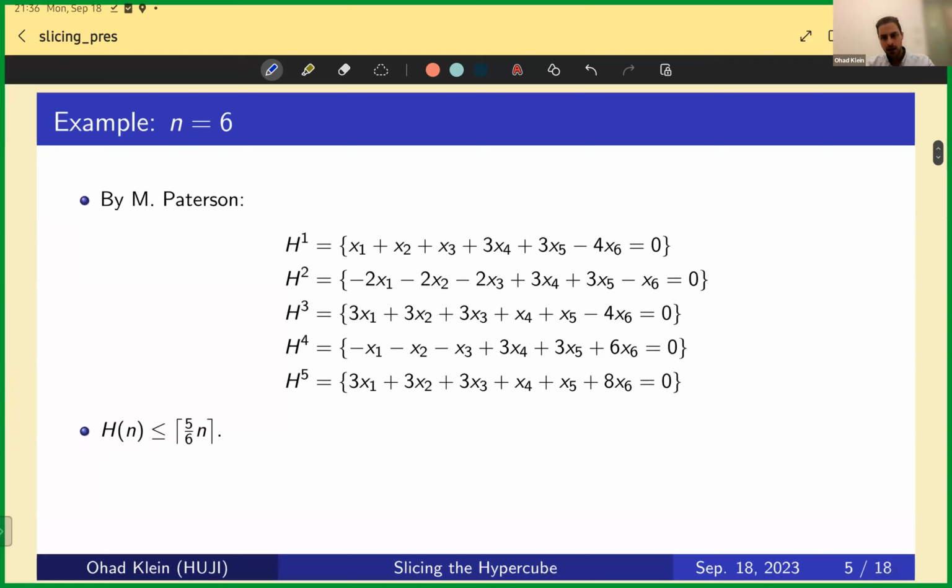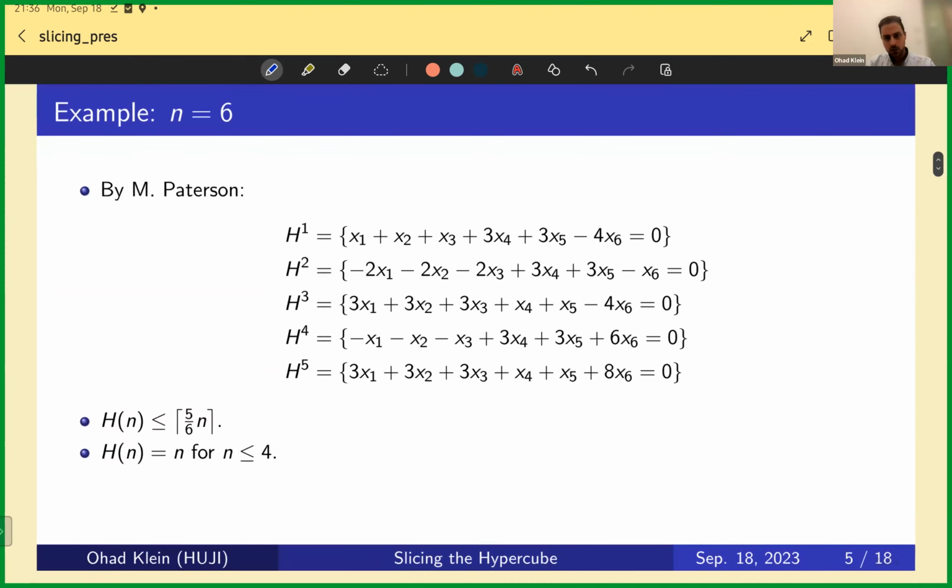And by running this example on different coordinates, if we divide the coordinates into tuples of 6 coordinates, then we can show that in general h of n is at most 5/6 times n. Okay, so h of n does not equal n.